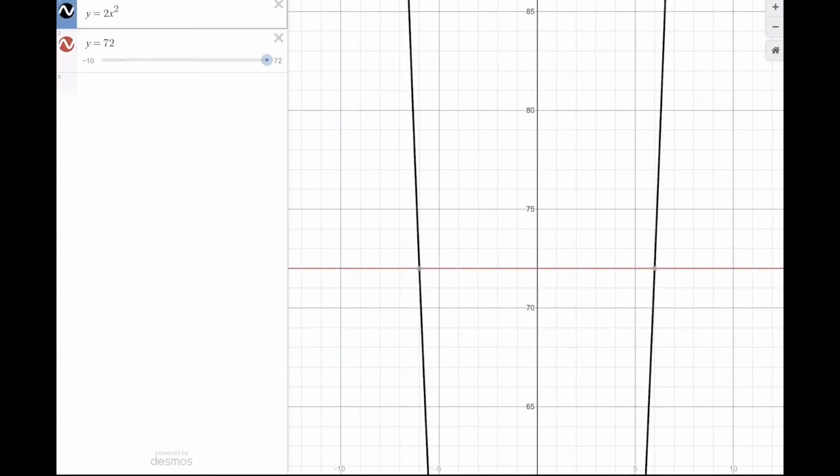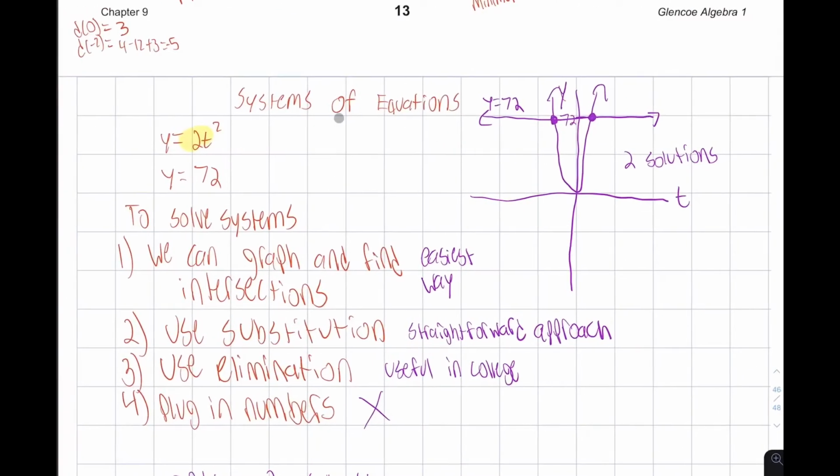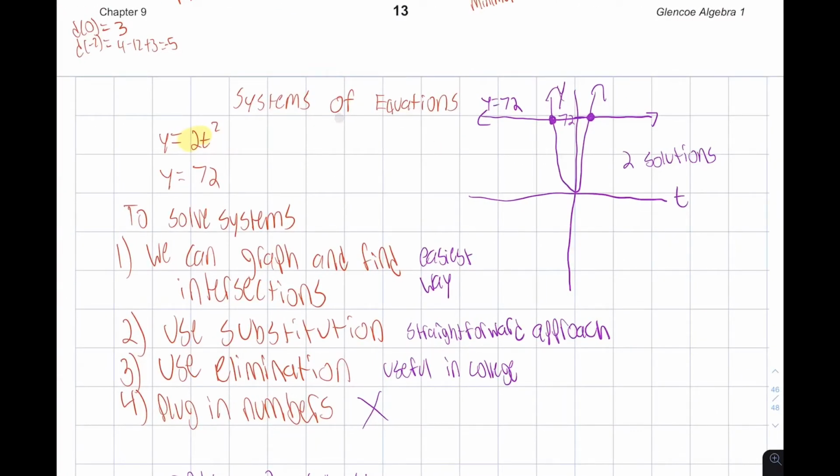So my 2 solutions are 6, 72 and negative 6, 72. Let's go ahead and put those back on my graph. Negative 6, 72, 6, 72, and that would be the answer to the question.